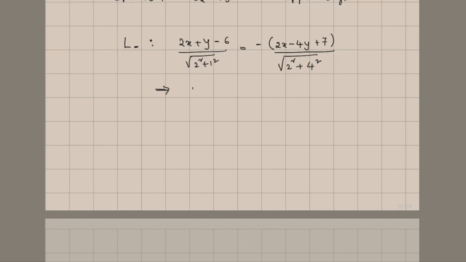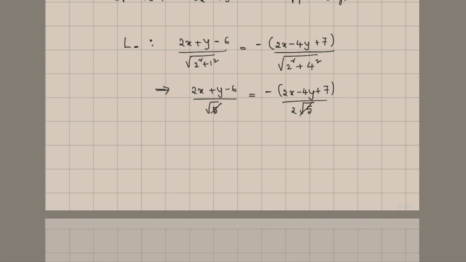Which implies (2x plus y minus 6) by root 5 equals minus of (2x minus 4y plus 7) by root 20. Root 20 is nothing but 2 root 5.